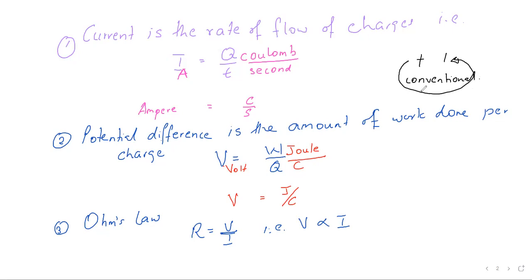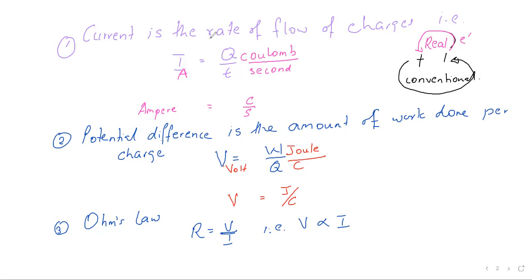The scientists sat down and agreed upon this, but in reality, only the electrons are flowing. So in reality, the charges will flow from negative to positive. In the real world, only electrons are flowing. These are electrons, but conventional current is that.